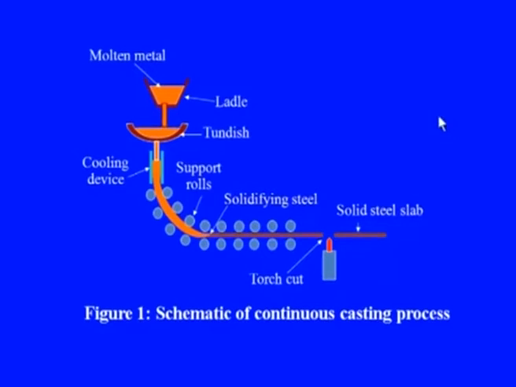The schematic of the bent horizontal process is shown in figure 1. This is the bar upon which the molten material is allowed to get solidified and then finally guided towards the cutting zone.